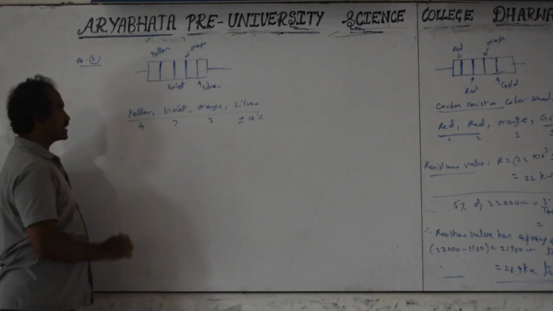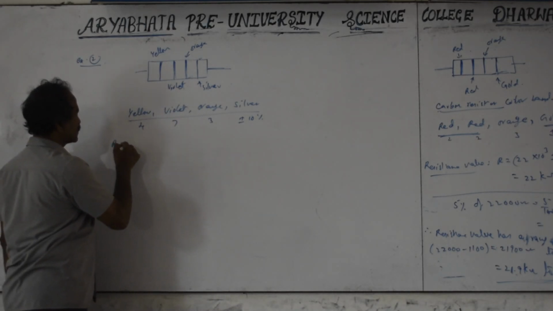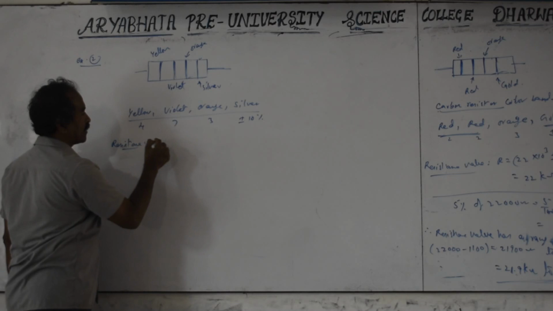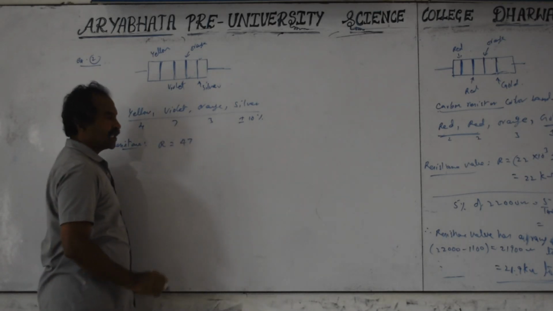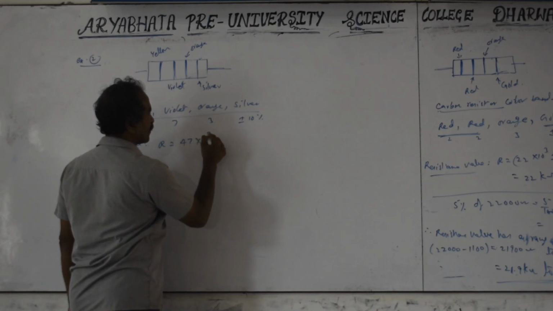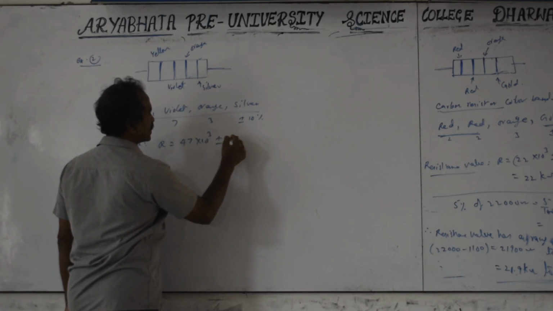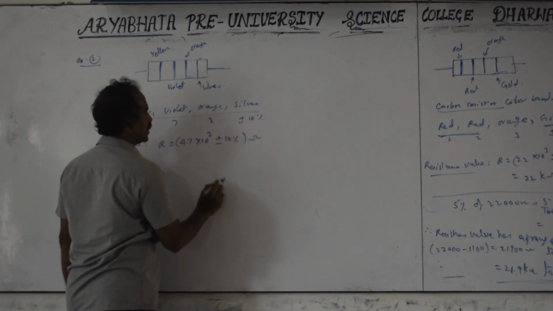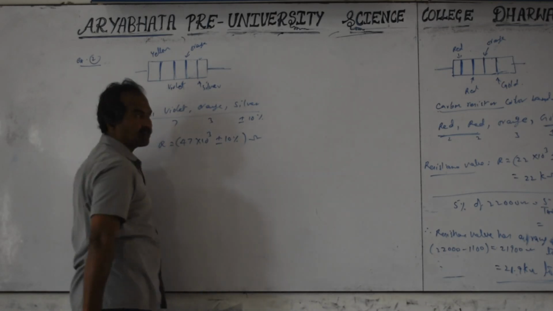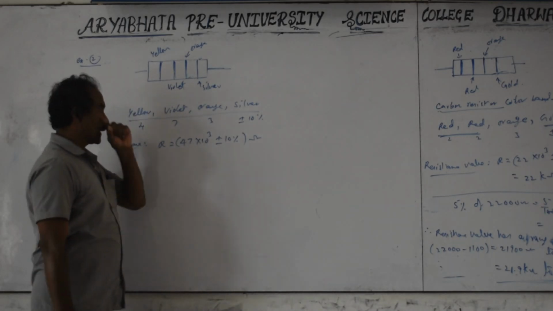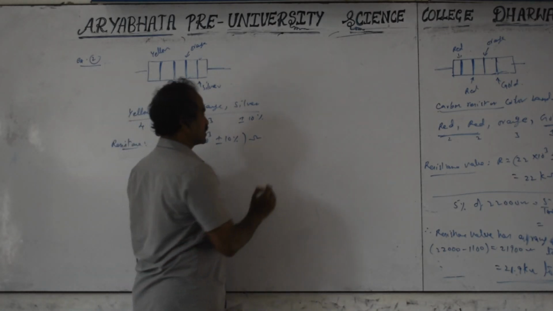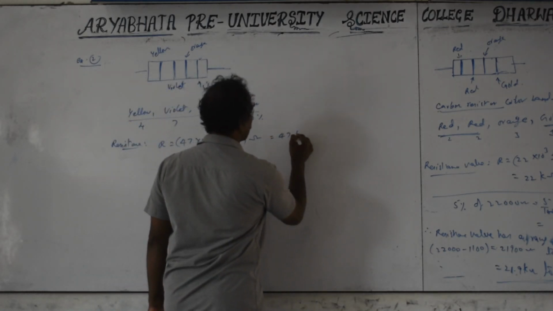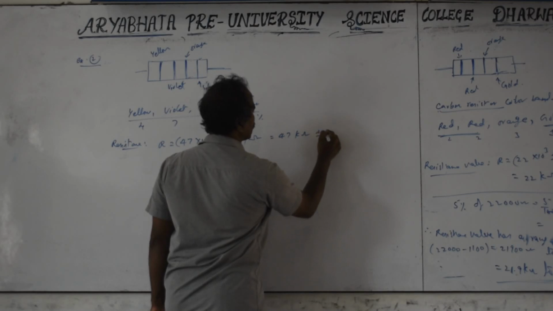So what is the resistance value? R is equal to 47 into 10 to the power of 3 plus or minus 10% in ohms. Or you can write ohms first and then at the end write plus or minus 10%. That means it is 47 kilo ohms plus or minus 10%.